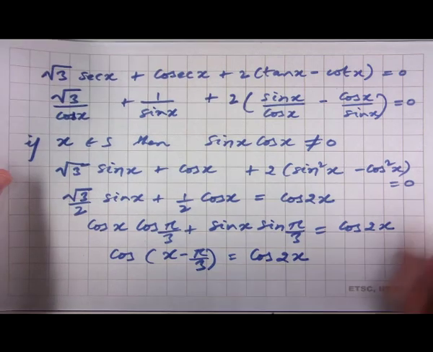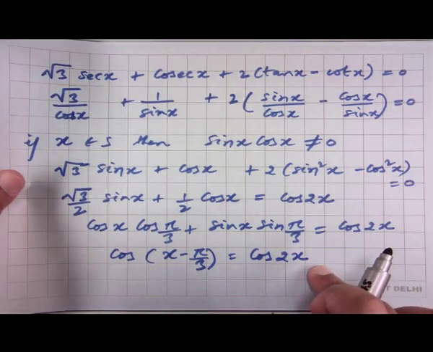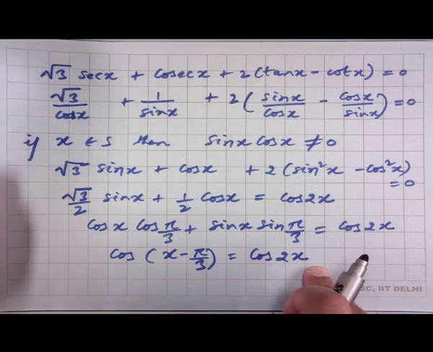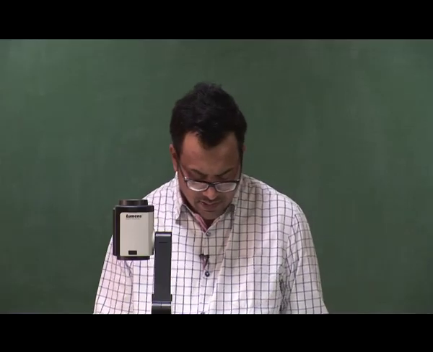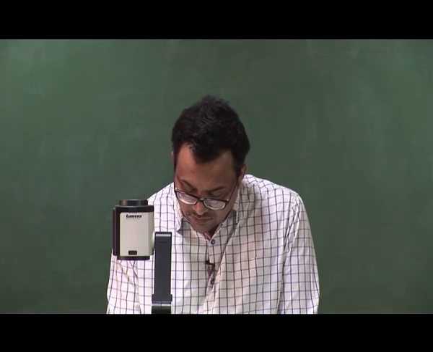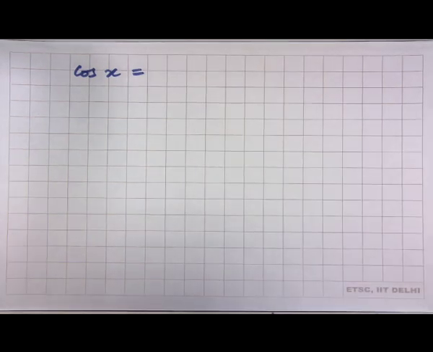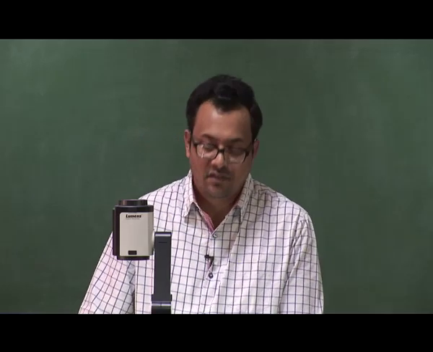So x will satisfy this equation if and only if it satisfies this equation, as long as x is restricted to the interval S. Taking this forward, here we are going to essentially use something that we have already seen when we were discussing trigonometric equations.